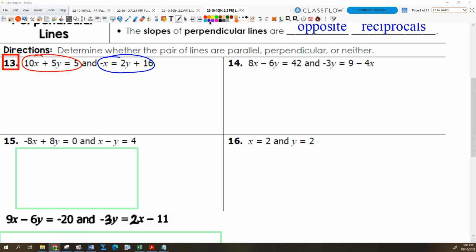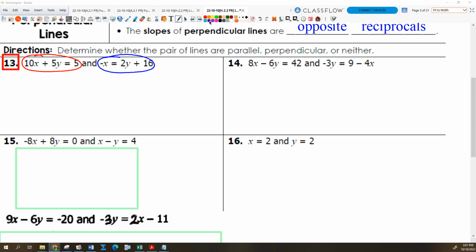How could I come up with the slope of the red line? Okay, good. If I solve for y, I'm putting it into what form? Slope intercept, and that tells me the slope, doesn't it? Because if a line is in slope intercept form, the coefficient of x is always going to be the slope.